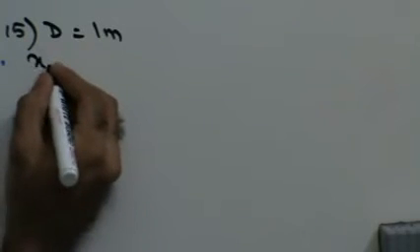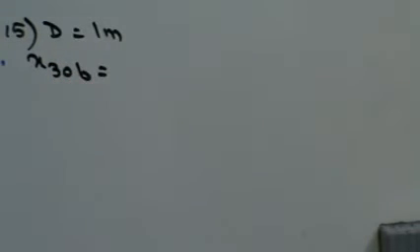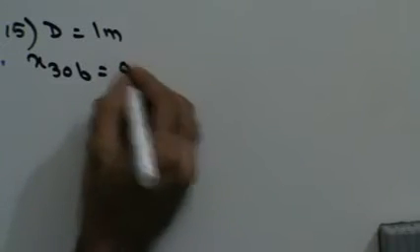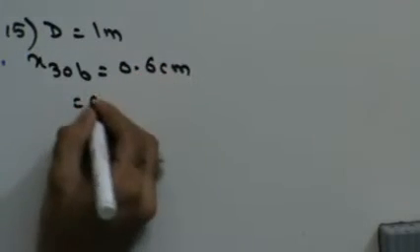The distance of the 30th bright band is 0.6 centimeters.